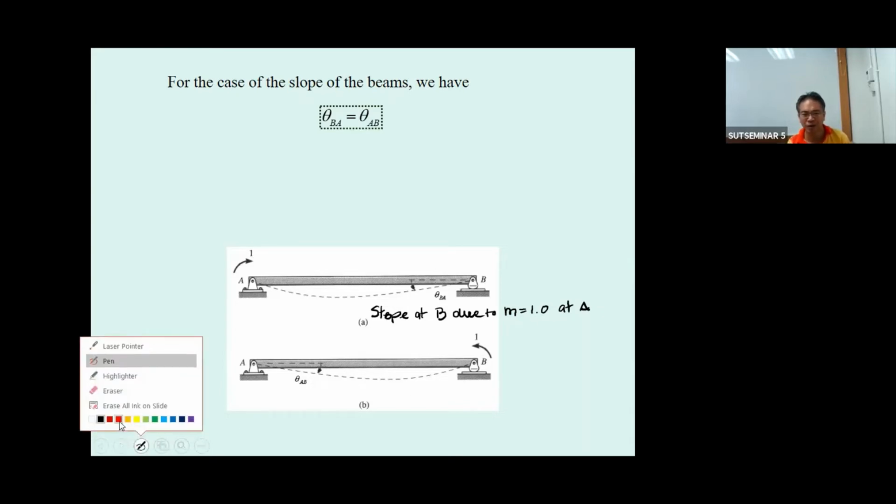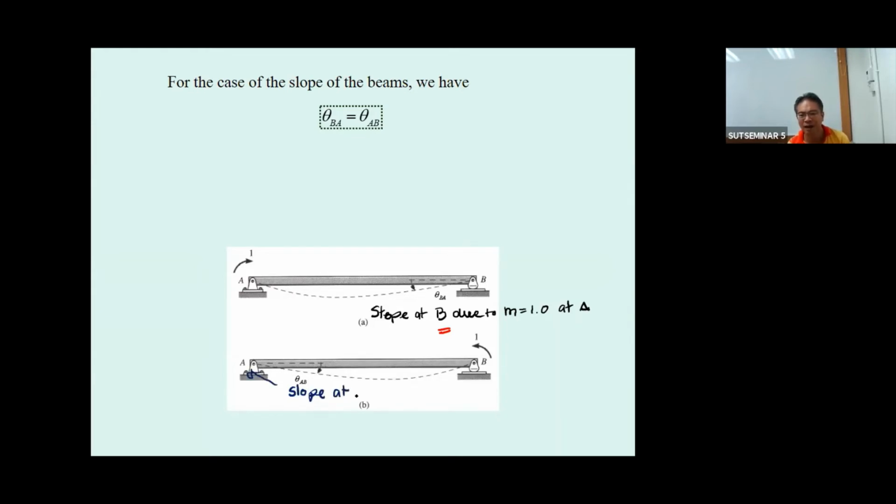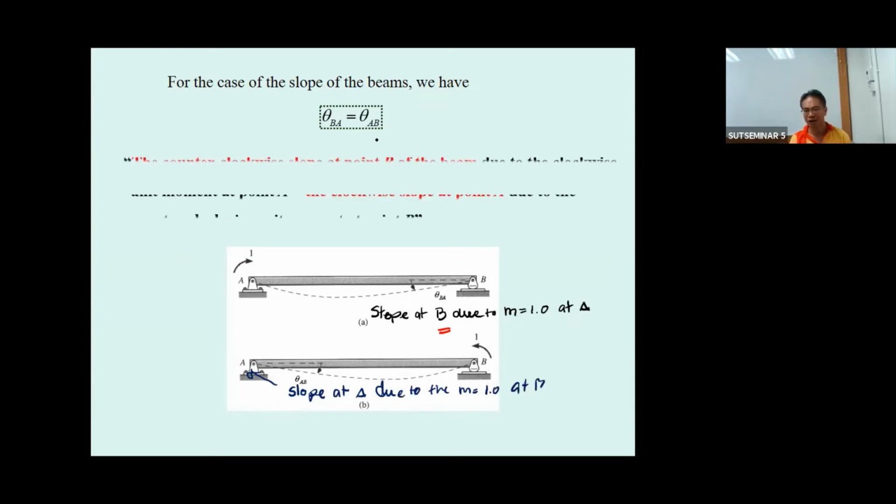This is going to be equal to the slope at A due to the 1.0 unit moment at B. Okay, and they are equal.